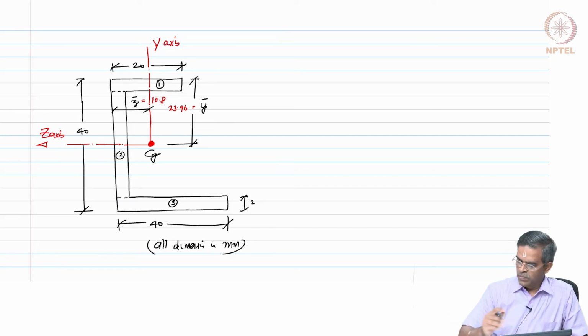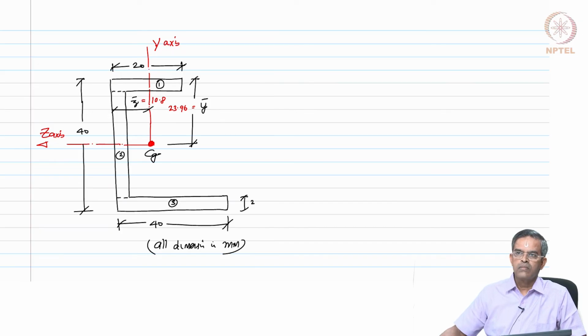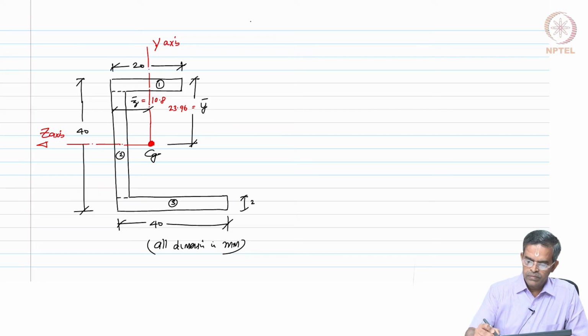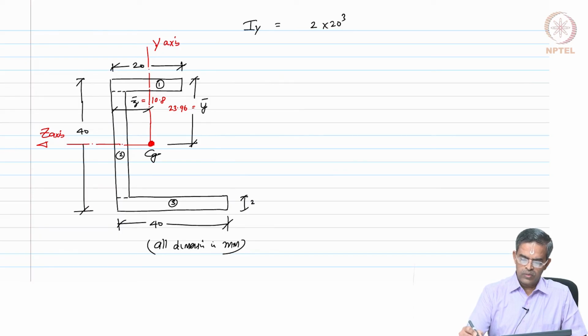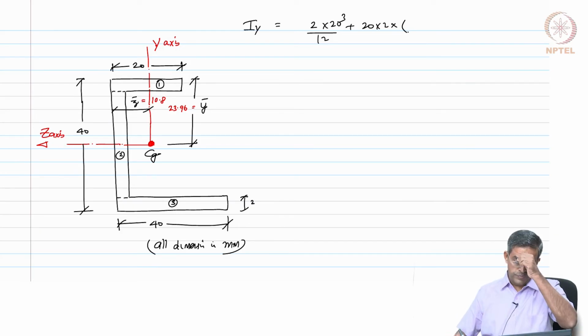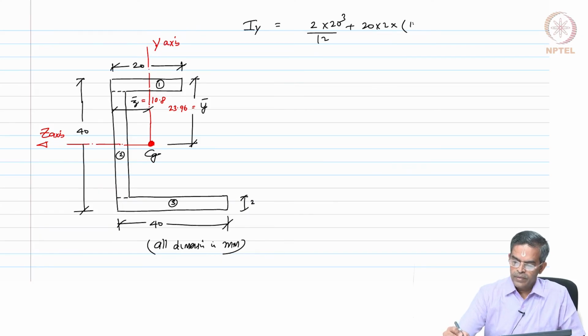Let us do Iy. Iy is about the vertical axis, which will be 2 into 20 cubed by 12 plus 20 into 2 into 10.8 minus 10, the whole squared.